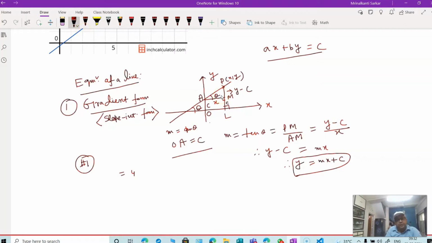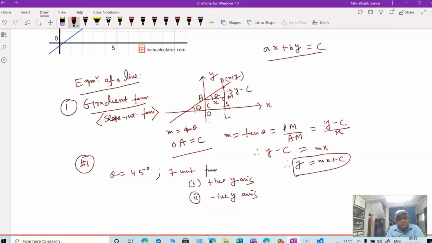I mean theta is going to be 45 degree. And it makes an intercept of 7 units, number 1, from the positive y-axis, number 2, from the negative y-axis.